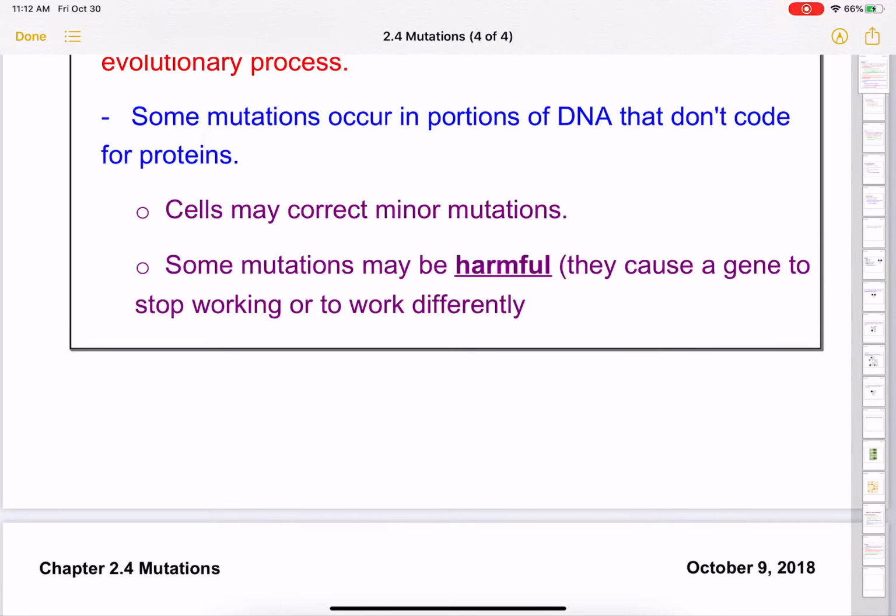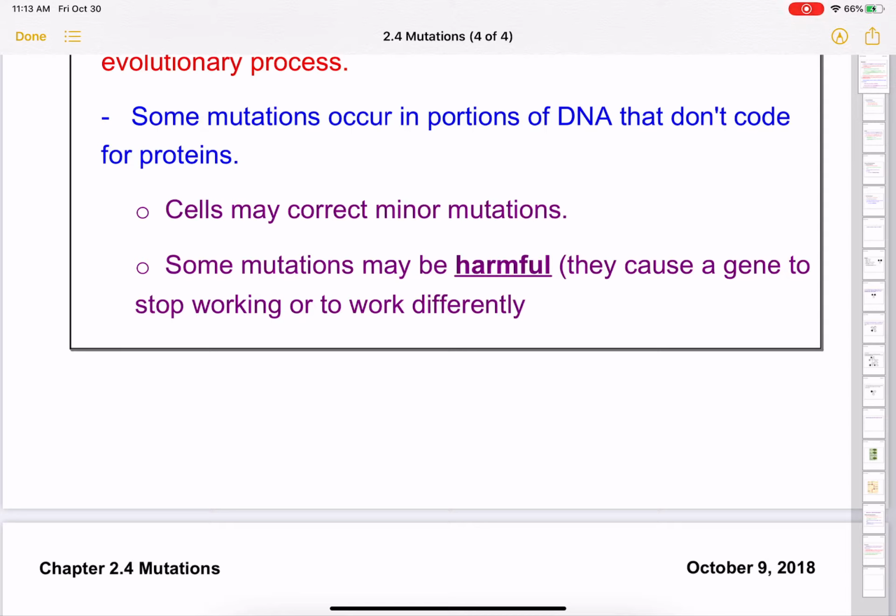When I say magnified, imagine if in your very first cell you have a mutation and then it uses that as a copy and makes millions and millions of copies of it. That would be a huge mutation. If you have a mutation in your cell today, hopefully your body will figure that out and replace it.